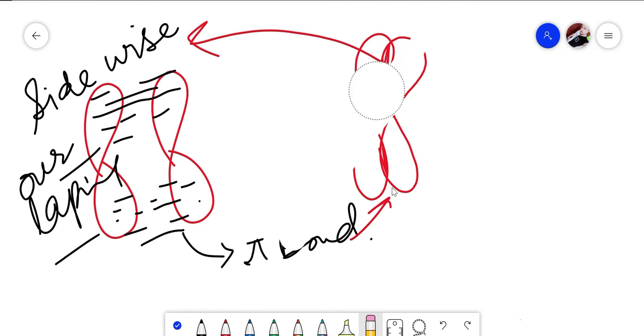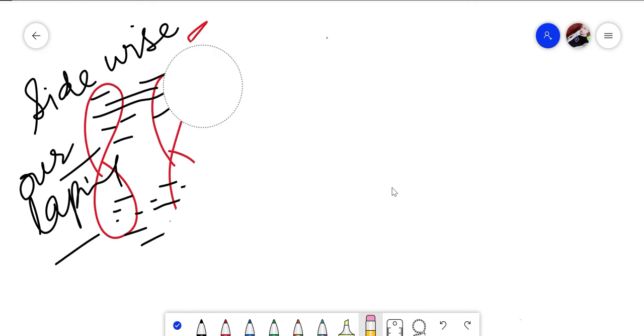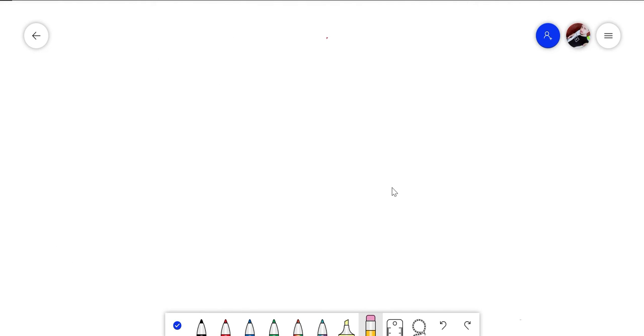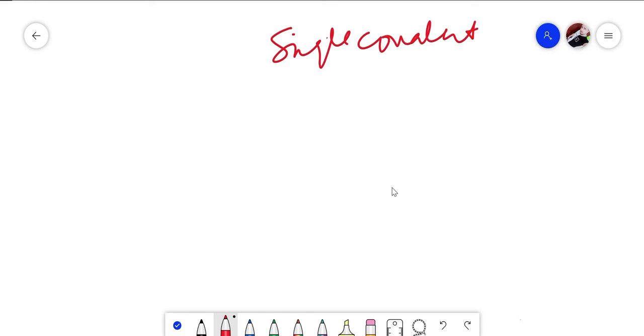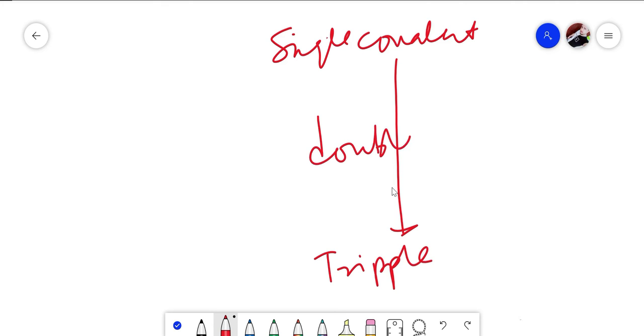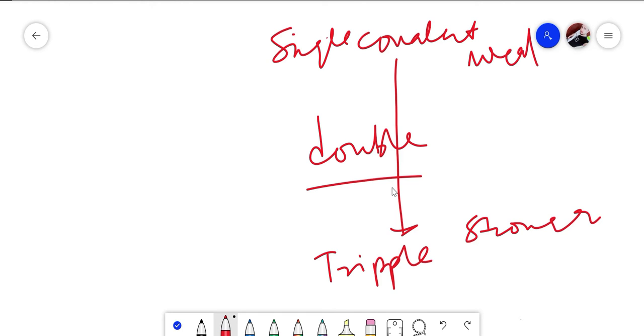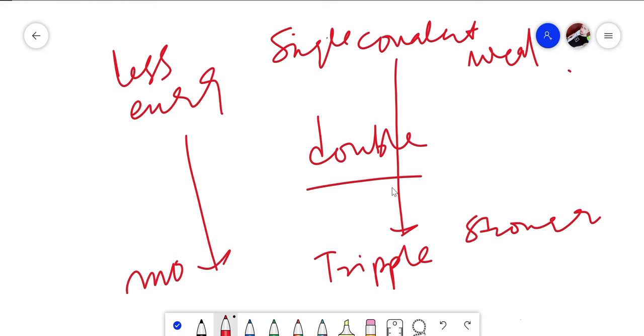So when we talk about the covalent bond and we see a single bond, it's a quick recapitulation actually. Single covalent and moving towards triple covalent. And in the middle we have double covalent also. So this is stronger and this is weak. Okay, so weak one needs less energy, strong one needs more energy.